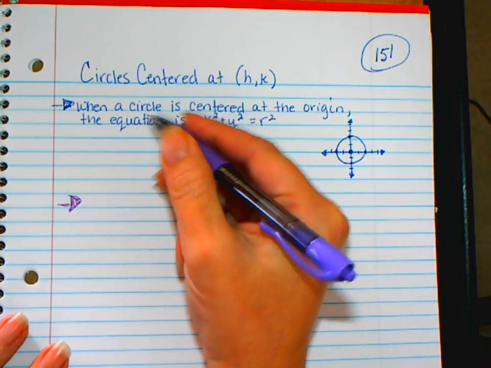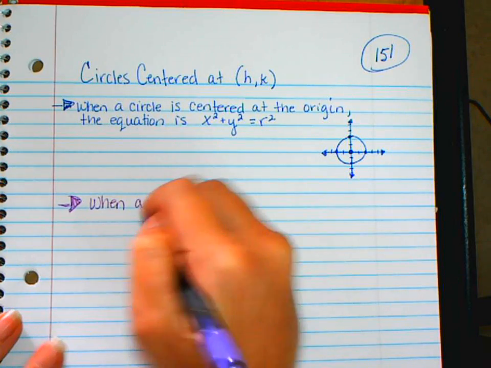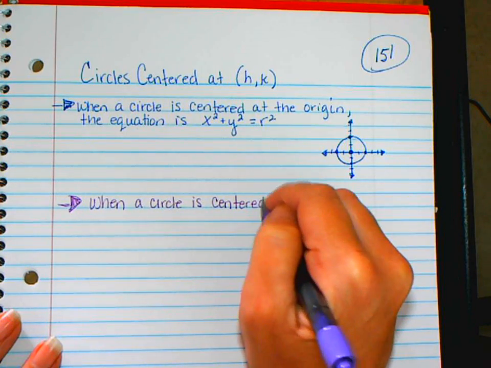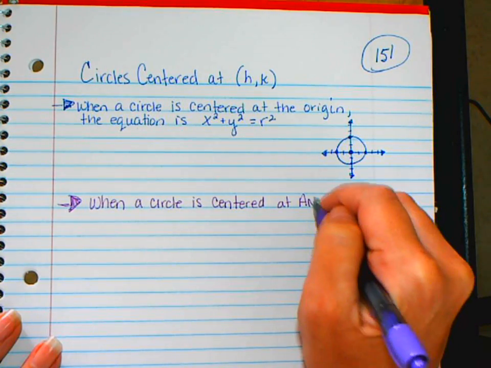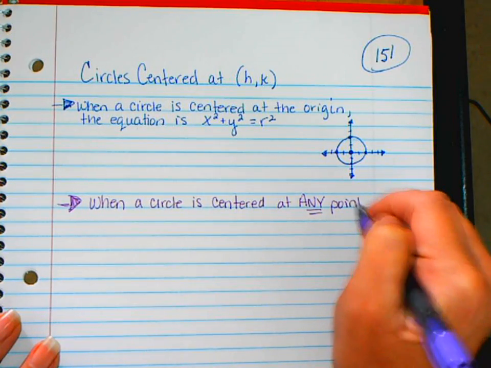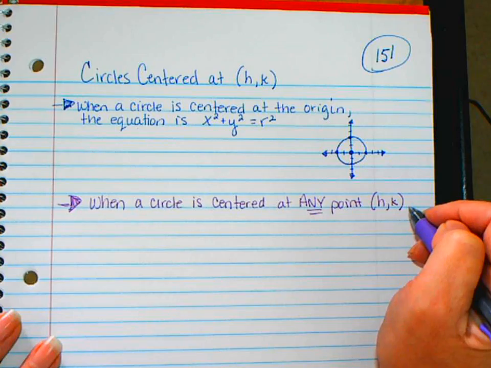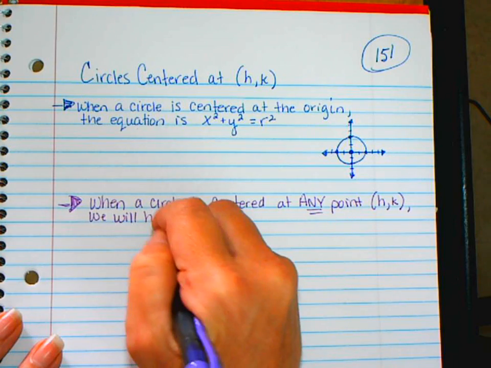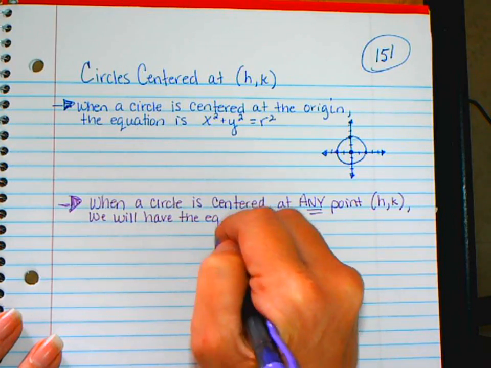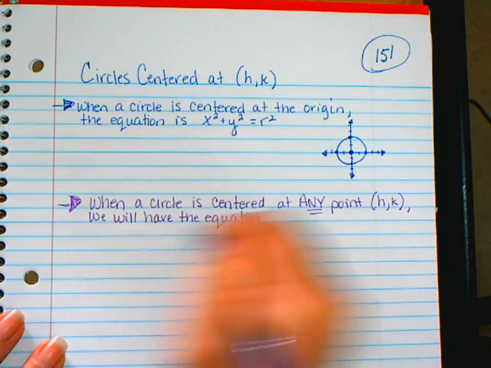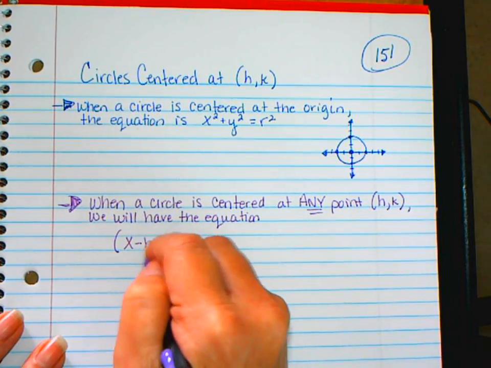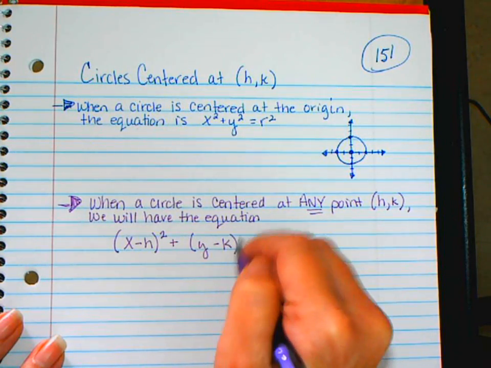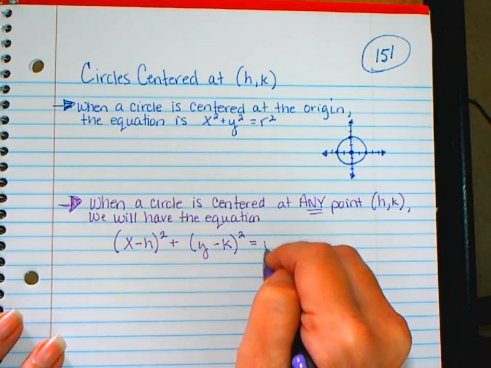All right, when a circle is centered at any point, which we will call h comma k, we will have the equation (x minus h) quantity squared plus (y minus k) quantity squared equals r squared.